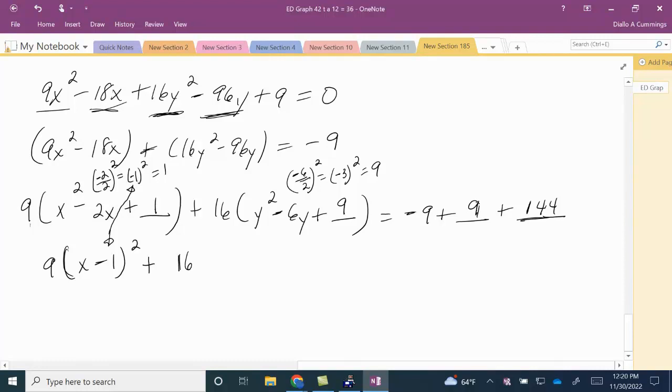Plus 16 times y minus 3 quantity squared. Here again, this minus 3 comes from half of the coefficient of the middle term. Is equal to 144.